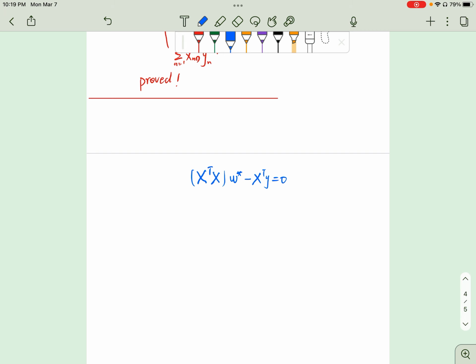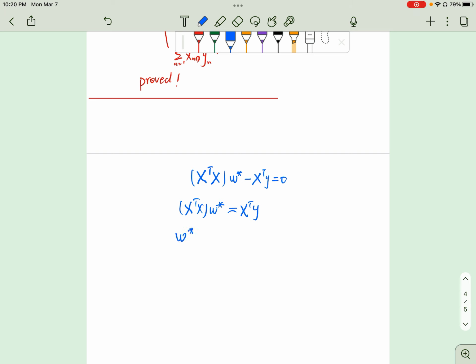So if I write this way, everything goes very simple. I just move the X transpose y to the right hand side. So if we want to use this one, we will assume that this matrix is invertible. So it's invertible.